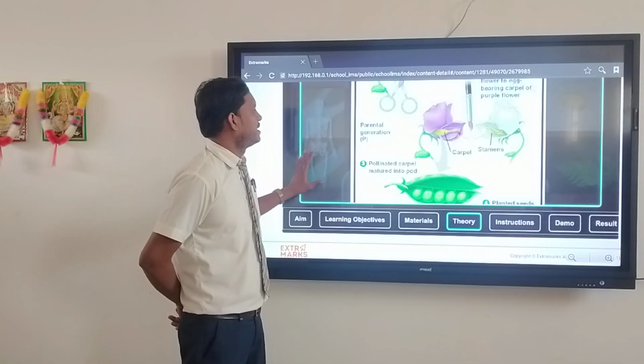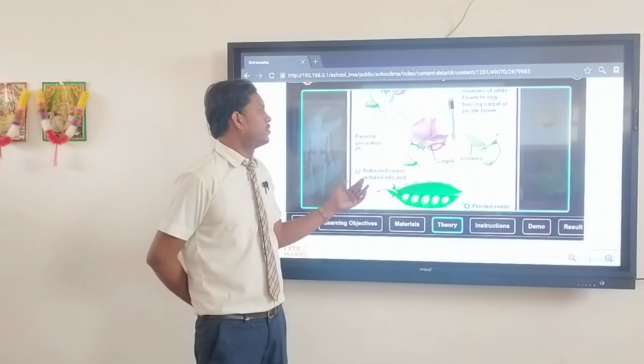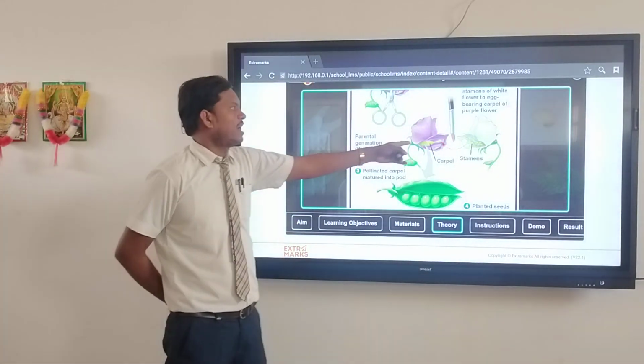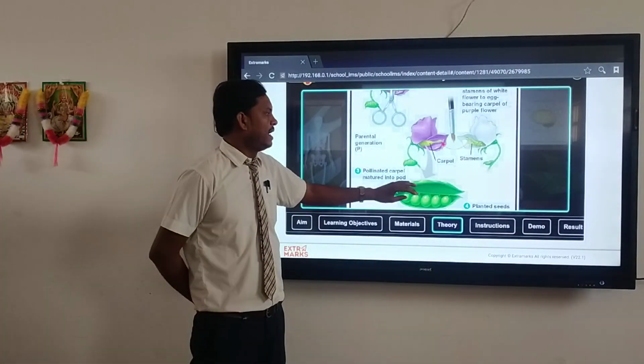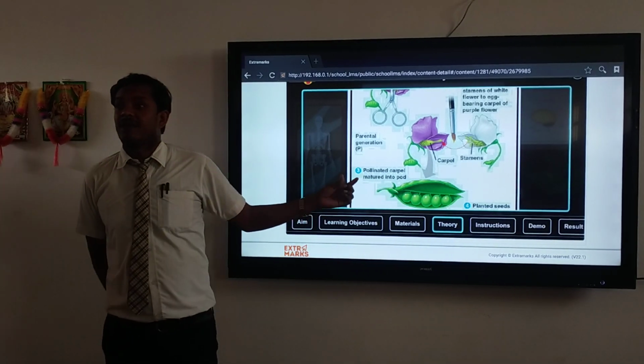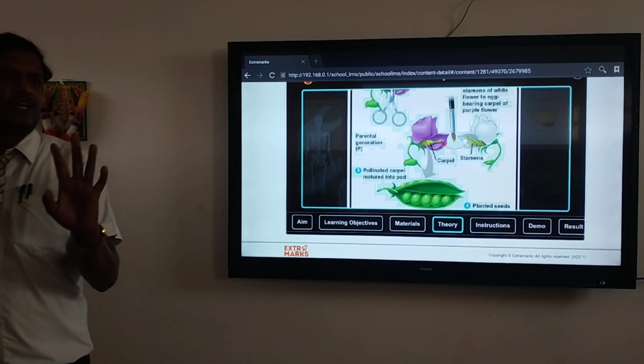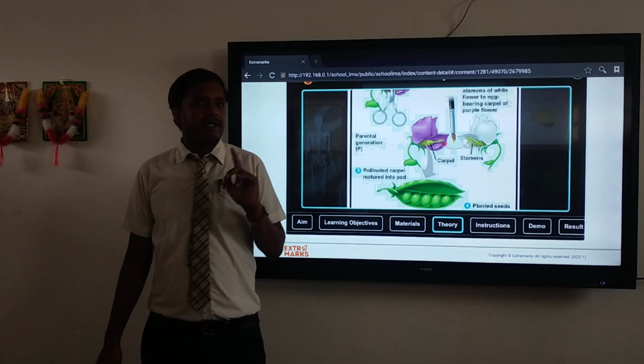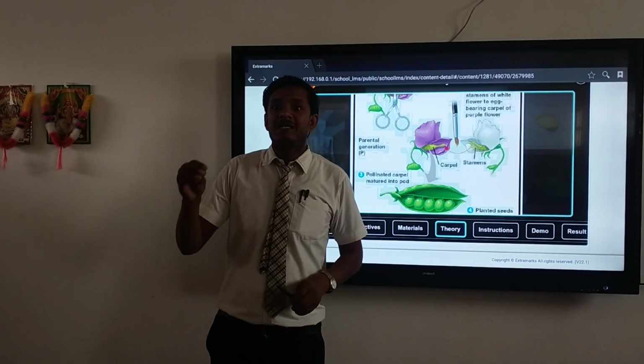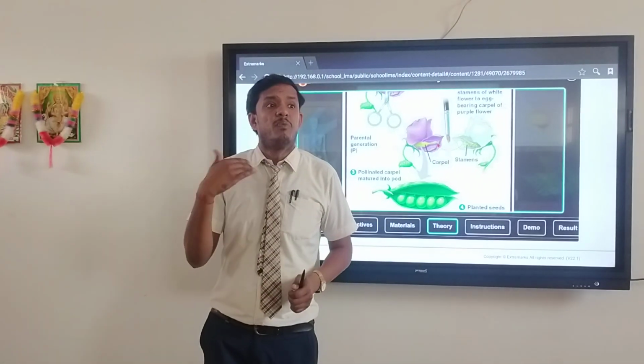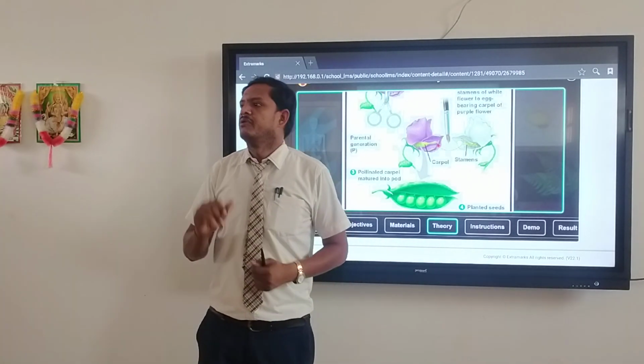Now, the pollinated carpel matures into a pod. This carpel is going to mature into the pod, and the planted seed has round seeds. We got round and wrinkled seeds, right? In the case of round seed, the content of starch and nutrients is higher as compared to wrinkled.